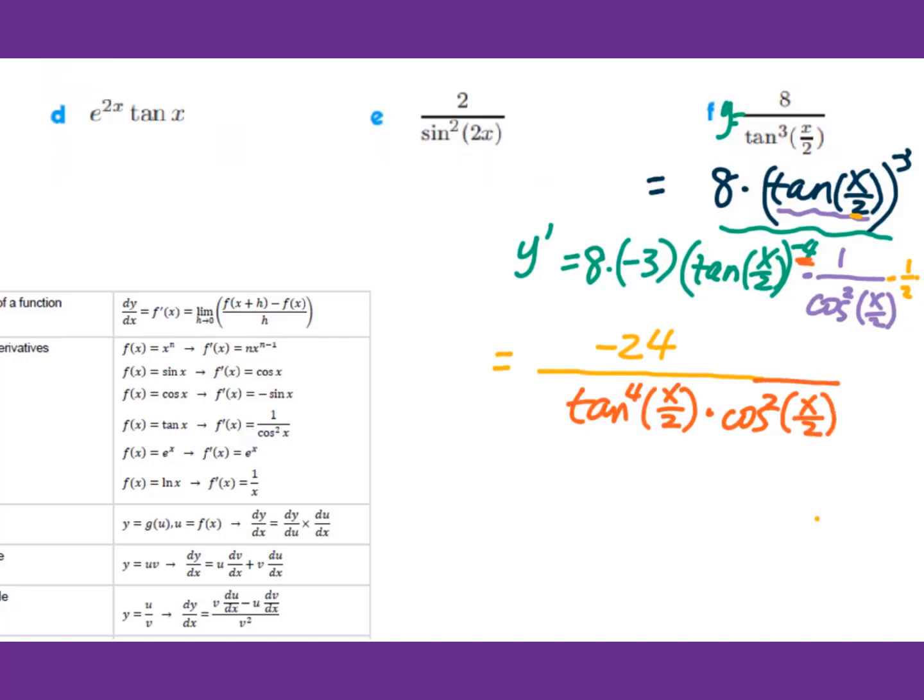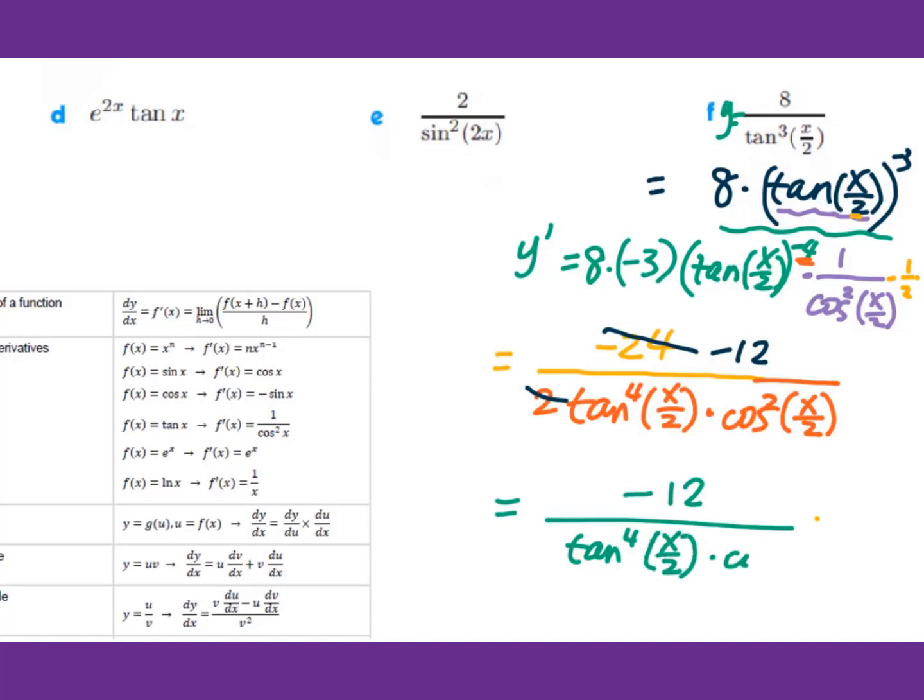Then times 1/2, I can put 2 over here. Then reduce, you will get negative 12. For the final answer, you can write down negative 12 over tangent to the fourth power of x over 2 times cosine squared x over 2.